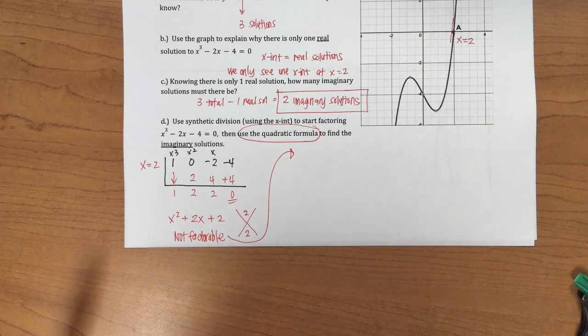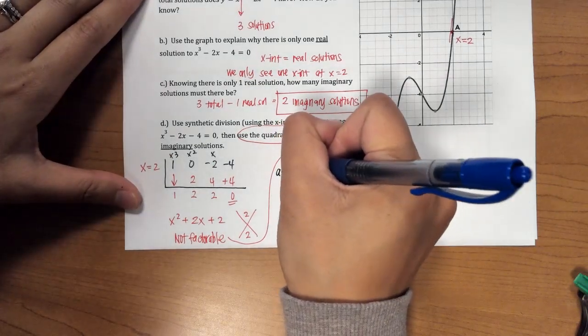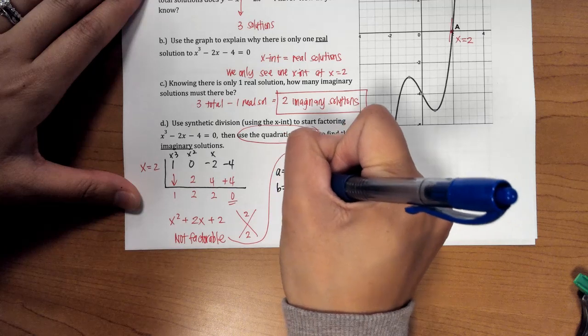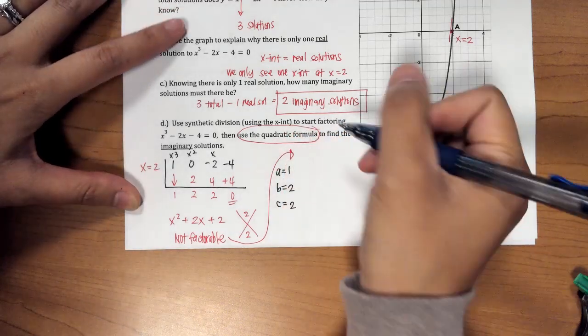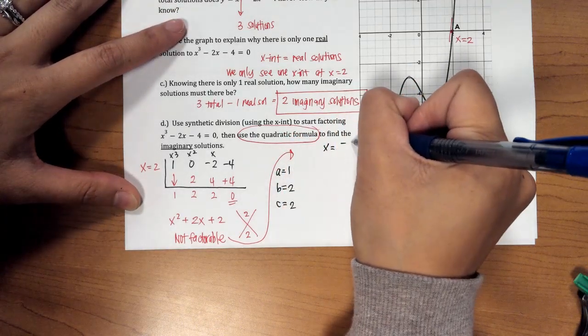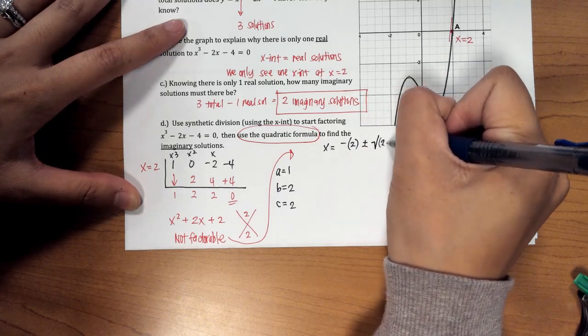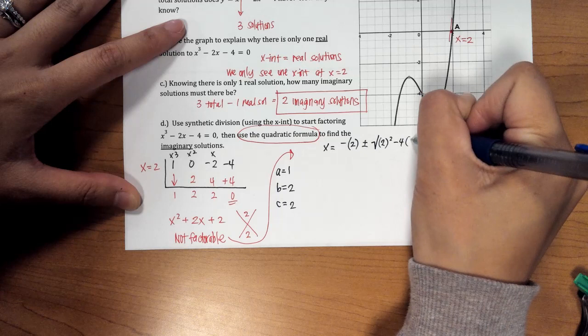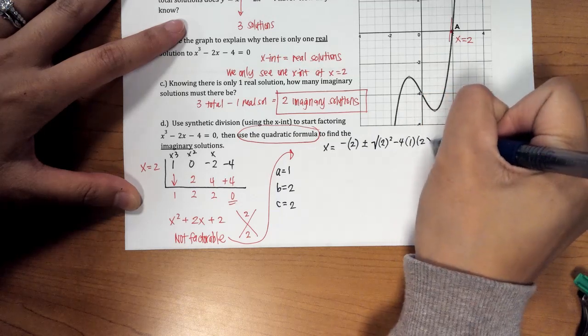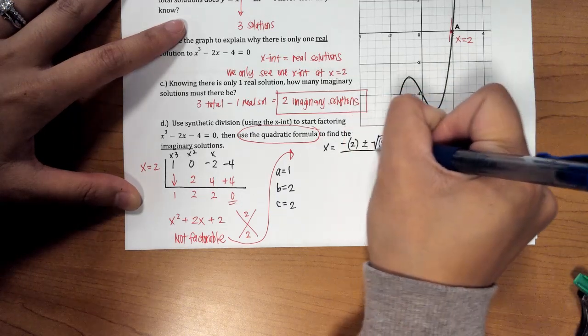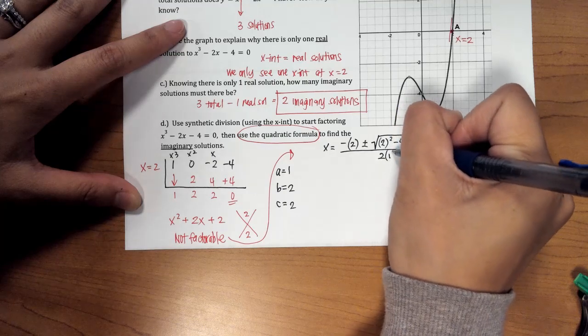Okay, so I have a equals 1, b equals 2, c equals 2. Negative b plus or minus the square root of b squared minus 4ac, all over 2a.